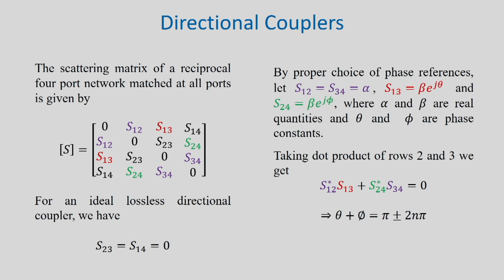we now get e to the power j theta equal to minus e to the power minus j phi.